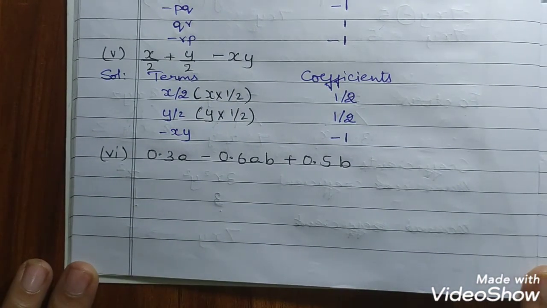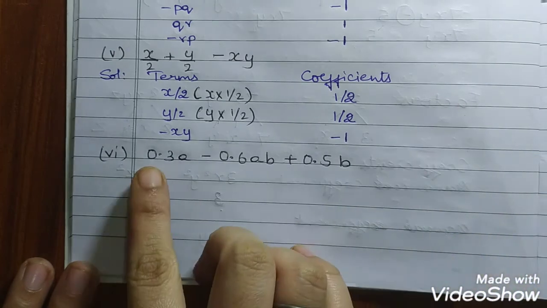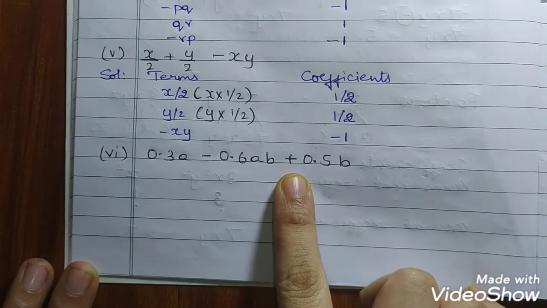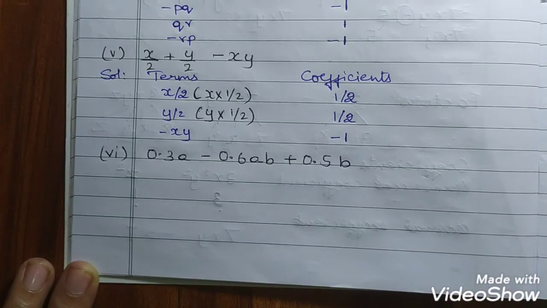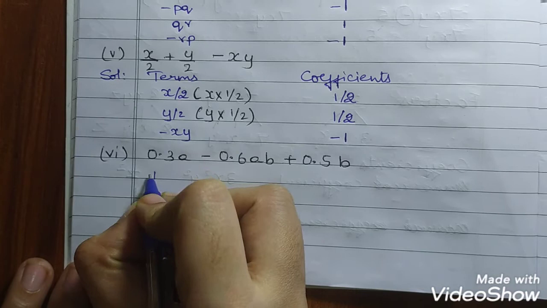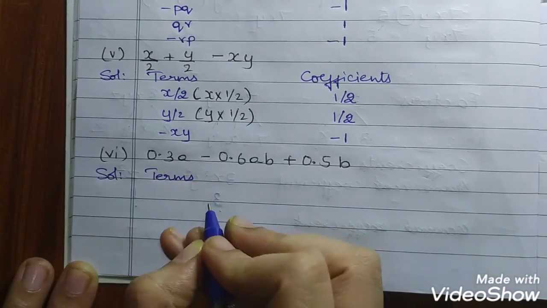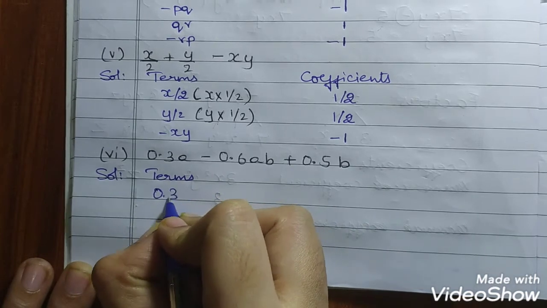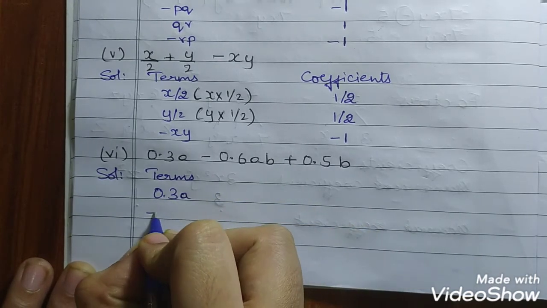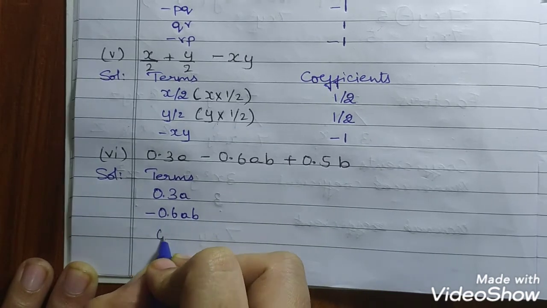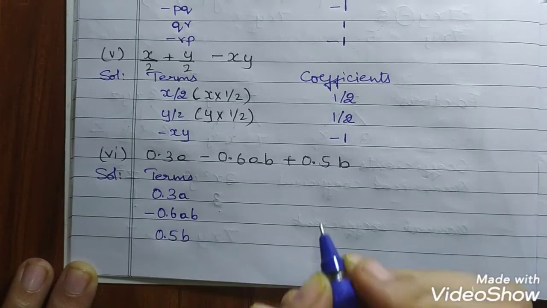Now the sixth question is 0.3a minus 0.6ab plus 0.5b. So now write the terms. Solution, terms. 0.3a is the first term, minus 0.6ab is the second term, and 0.5b is the third term.